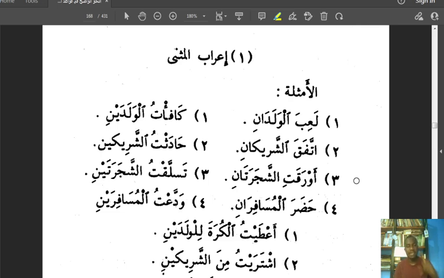We have sound masculine plural, Jam'u Mudhakkarin Salimun, and then Jam'u Mu'annathin Salimun, sound feminine plural, and then Jam'u Taksir, that is broken plural. So there are three types of plural. If you don't remember, go back one or two lessons, and then inshallah get yourself in the shoes we are in now so that we move together.